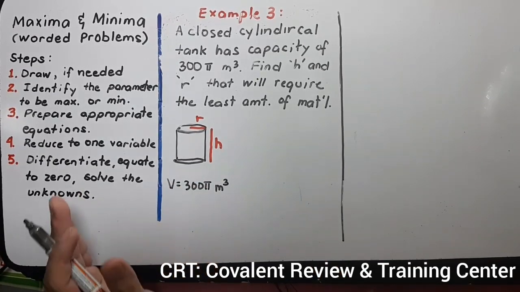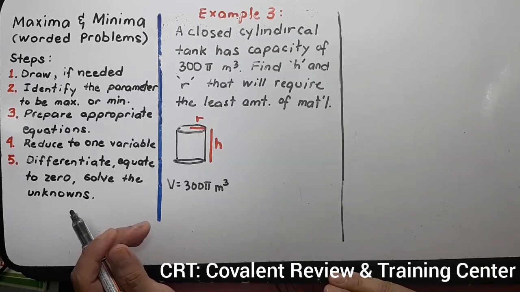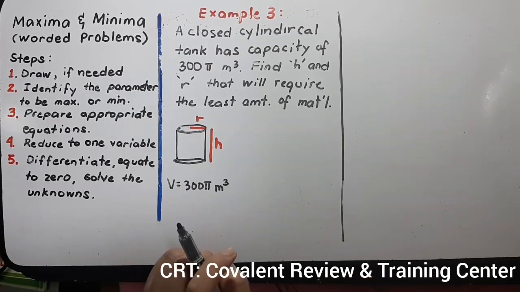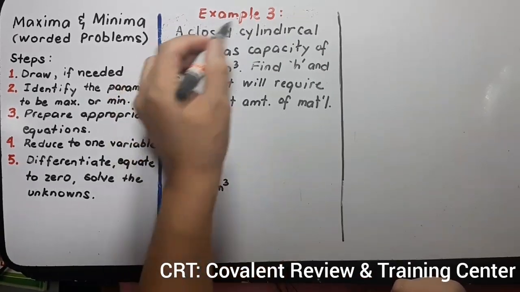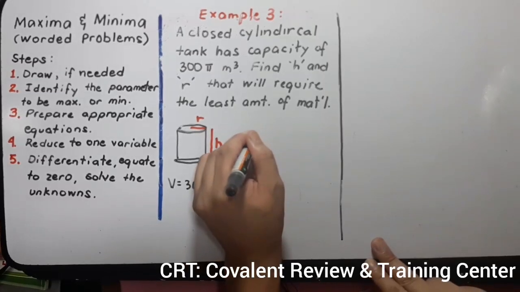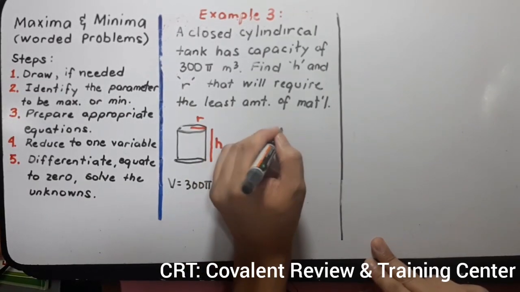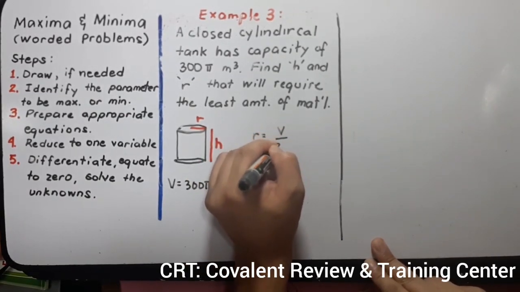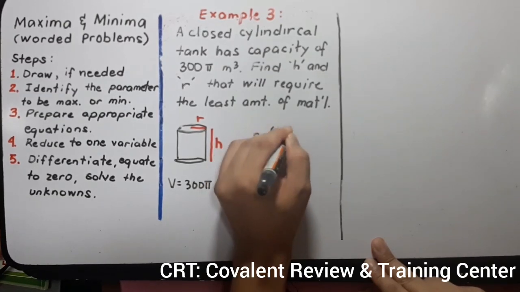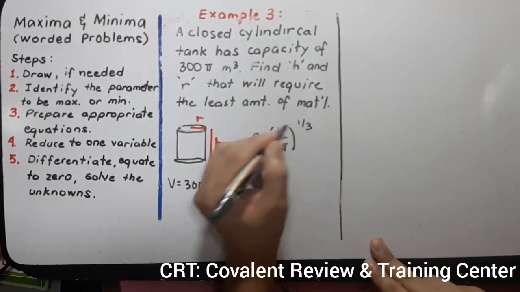So from example number 2, we derive the shortcut for r with respect to this scenario. R is volume over 2 pi raised to 1/3.